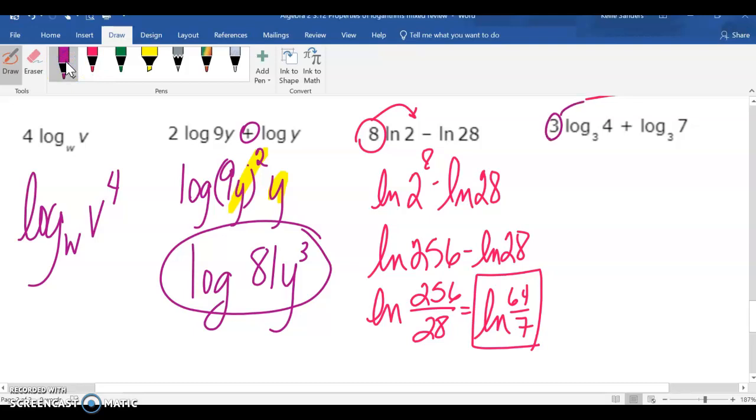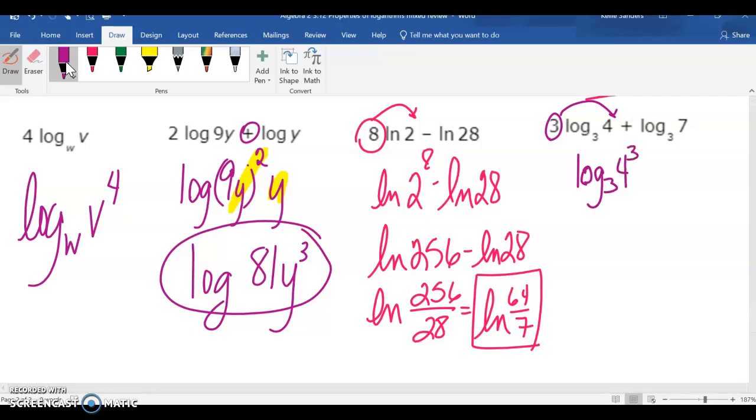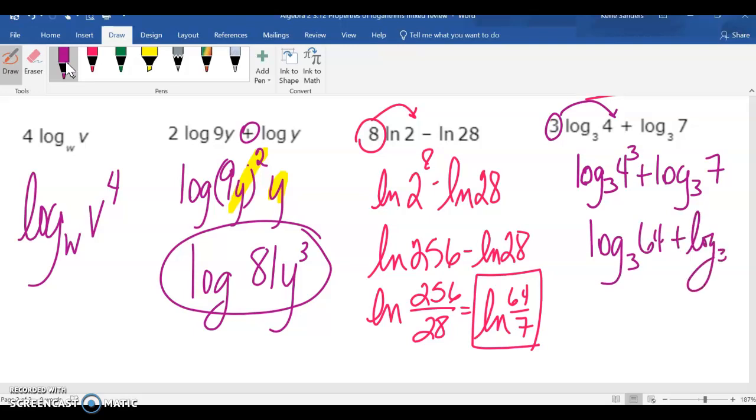Bring the 3 up to the 4. Bring that down. 4 to the 3rd is 64. Then we're going to multiply 64 and 7.